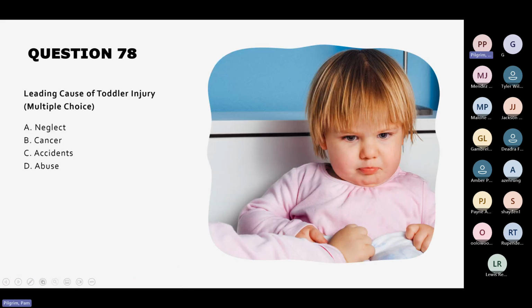Leading cause of toddler injury. What is the leading cause of toddler injuries? And it's accidents. That's why home safety education is so important.